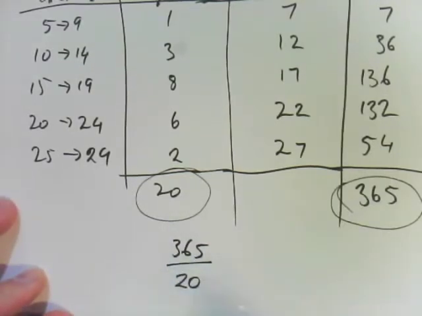Now they have a funny symbol for it, which I'll show you in a second, but I'll work that out, and that comes out to 18.25. So my average, or my mean, is 18.25.